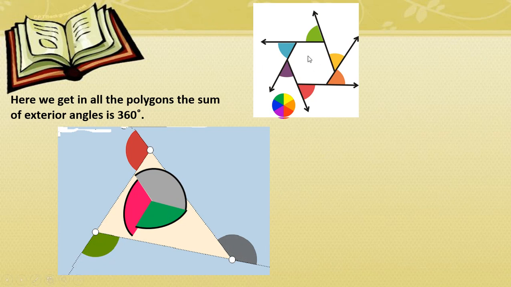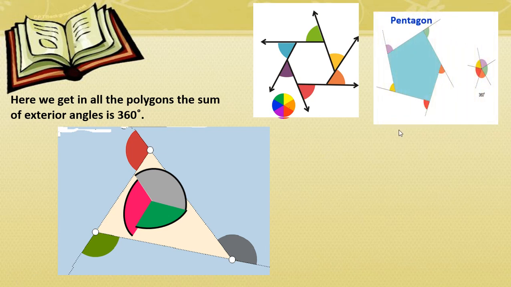Here in this figure, this hexagon, when we join all the 6 angles one adjacent to the other, we get a circle again. So this shows that the sum of all exterior angles of a hexagon is also 360 degrees. As we proved in the quadrilateral, in a pentagon also, all the 5 angles, when we join them together, form a circle.